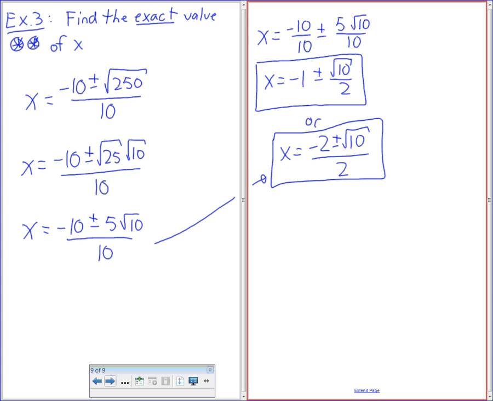Can you explain the 5, like where you got the 2 from? Yeah, because if you think 5 divided by 10 is 1/2, right? So that's all I said, right? 5 divided by 10 is like 1/2.